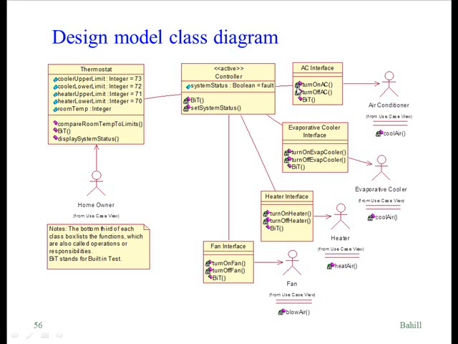Okay, so the controller can tell the fan or the AC to turn on. We go this way. How about going back? The controller is going to know that, okay, I'm going to turn on the AC, so I should now also turn on the fan. So it goes one way.